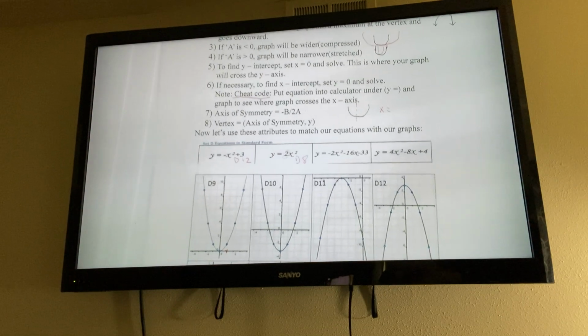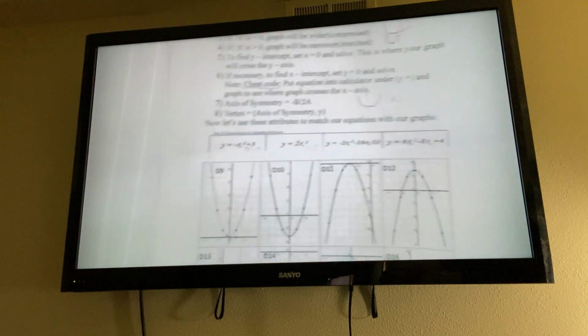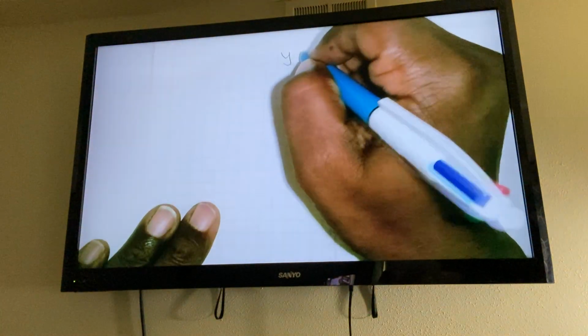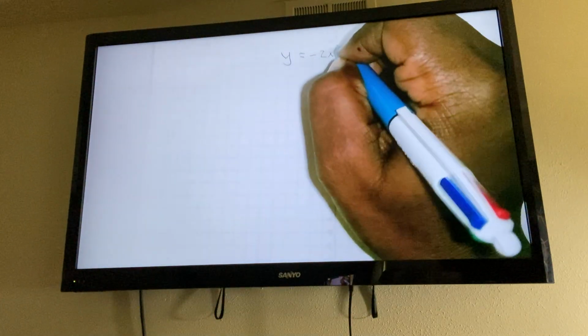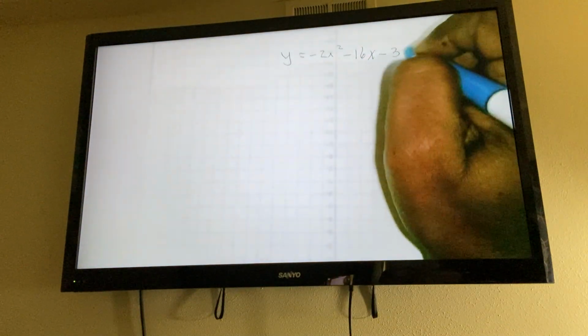Okay, good. We get our first quadratic equation here. So we go back to our work page. I want to get you a new graph. So we'll get a new work page. And our new equation said y equals negative 2x squared minus 16x minus 33.